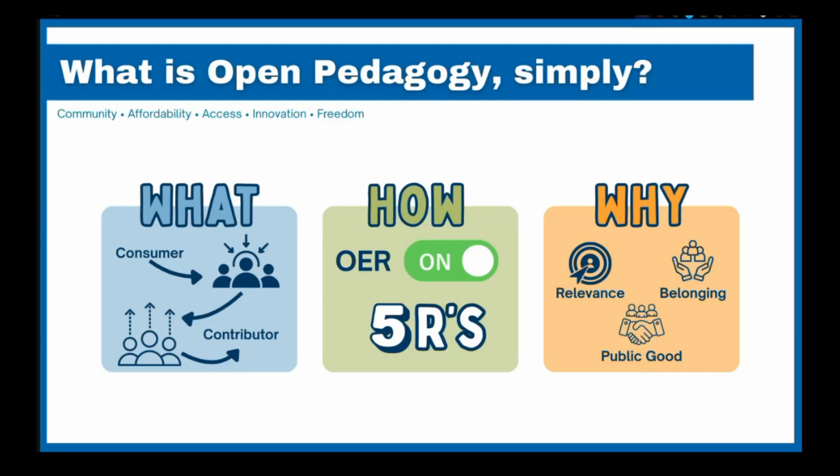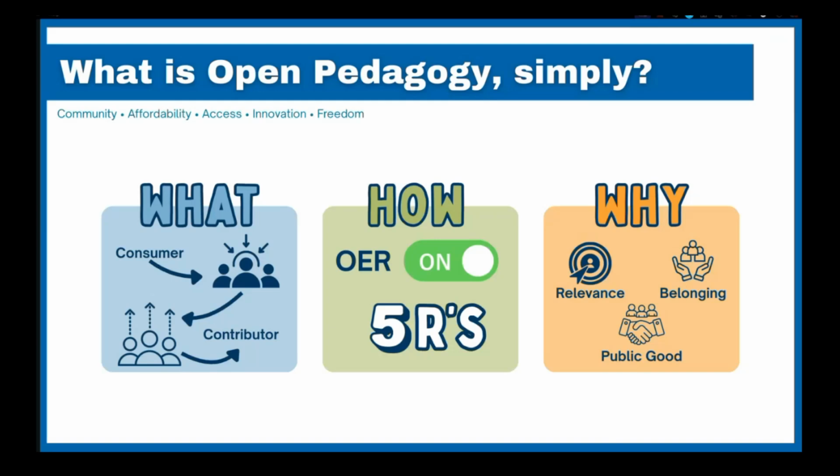Those permissions convert closed, disposable tasks into renewable work. Renewable assignment is really the first open pedagogy step that I would suggest anybody take. Simply provide a public or authentic audience for your students' work and share. Why? Relevance goes up, belonging grows, and the work serves a public good. That's really the heartbeat of open pedagogy.